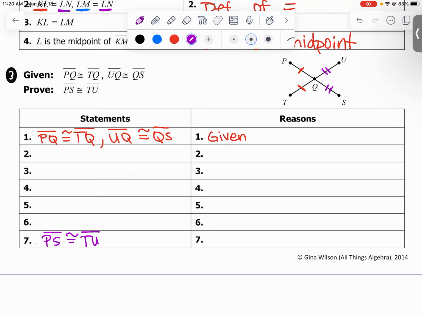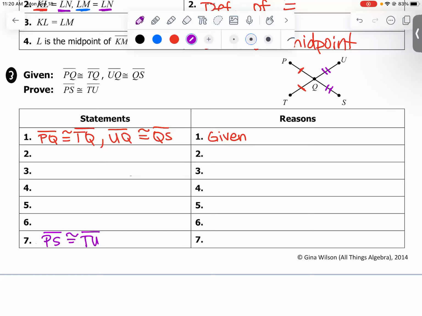So we know some information about the little pieces, and we're eventually going to prove the big pieces are equal. So what do you think we're going to have to use somewhere in our proof? I know information about the little pieces, and I want to prove the big pieces are equal.